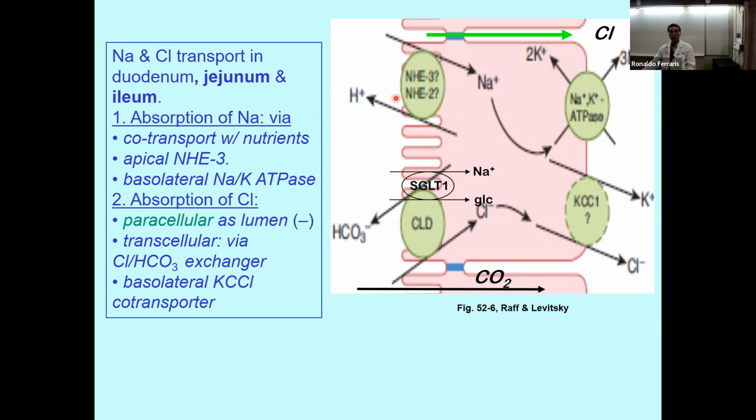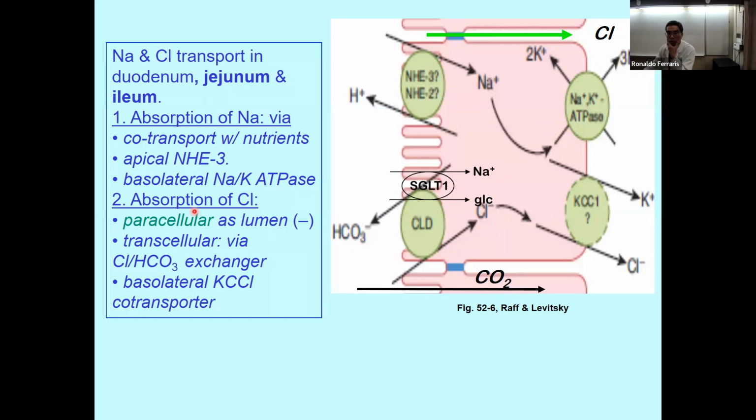Another route is via this apical sodium-hydrogen exchanger, exchanging sodium while extruding protons. So absorption of sodium, expulsion of protons. And the sodium is then brought from the cytosol to the blood side via sodium-potassium ATPase.